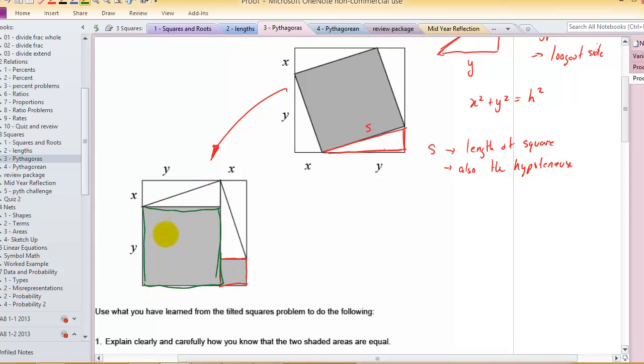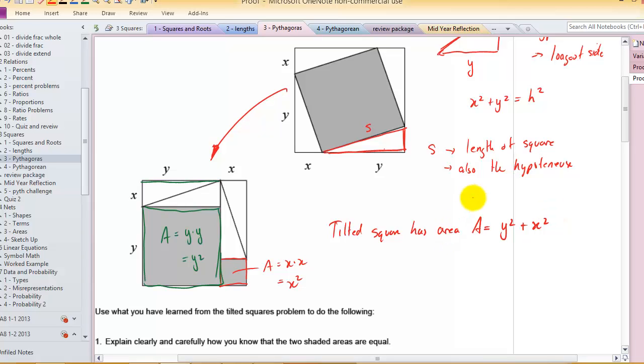When we do that, we can see that the area of this is y times y, or y squared, because this is y. And the area of this guy is x times x, or x squared. So the shaded or tilted square has area equal to y squared plus x squared.